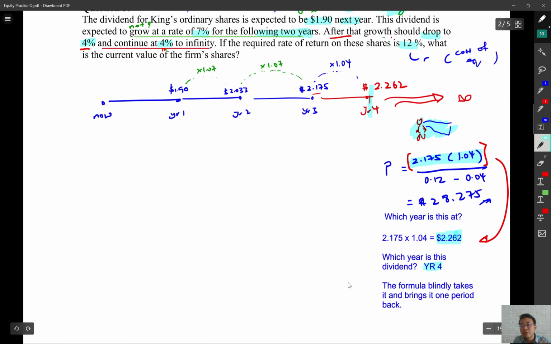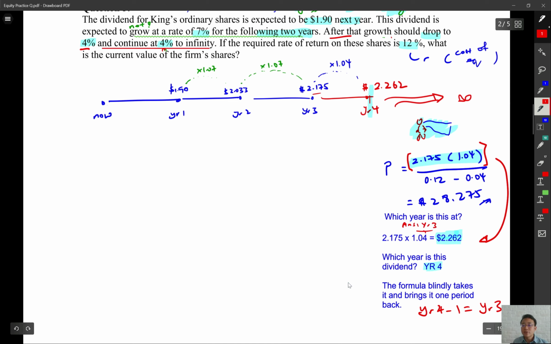It is in year 4. You are going to blindly take it and bring it one period back, so year 4 minus 1, you bring it back to year 3. So which year is this at? Answer, year 3.